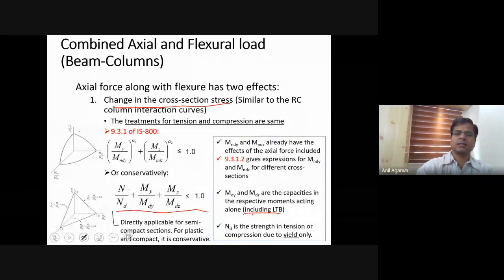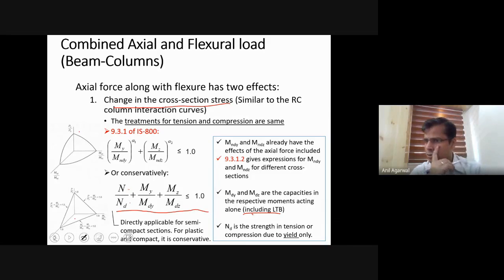So whatever the capacities are in each axis, you divide the demand by the capacity in each axis, and that should be less than or equal to 1. When you do this, you get a geometry like a pyramid, and this is a conservative estimate.